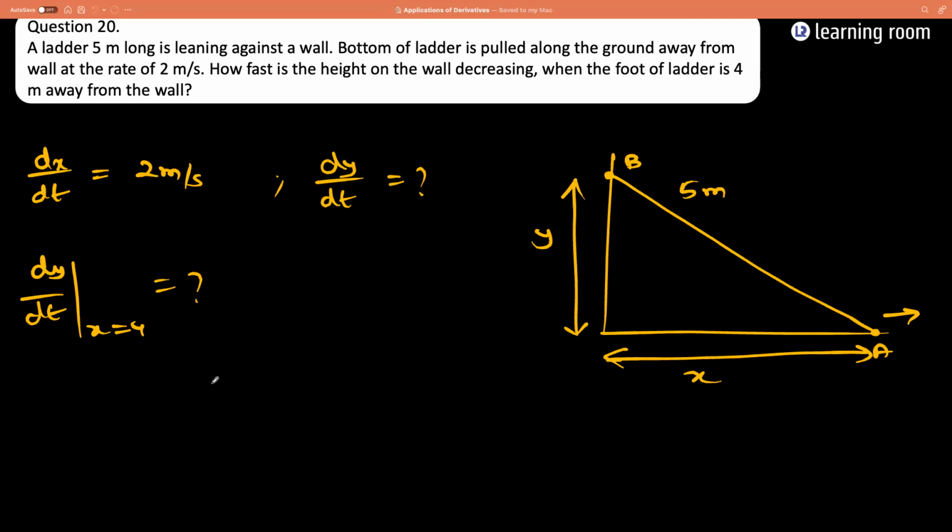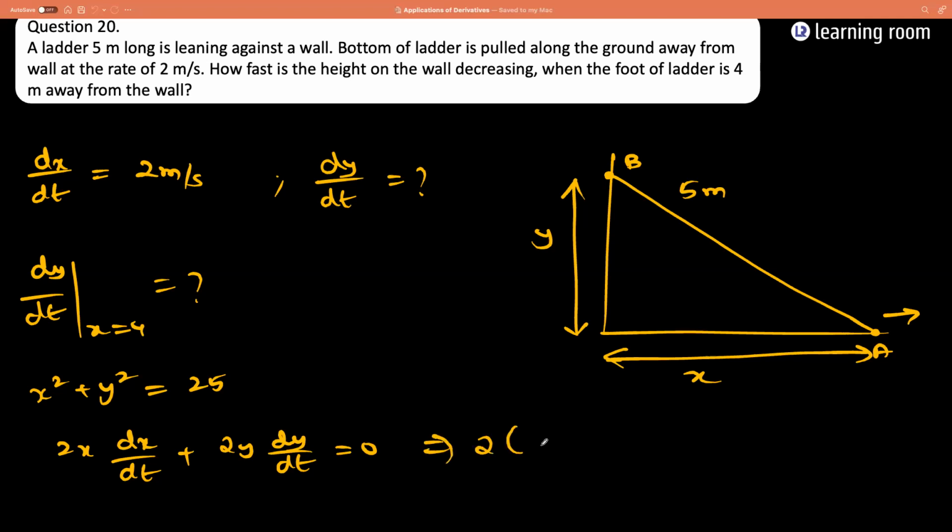x square plus y square is equal to 25. Differentiate. 2x into dx by dt plus 2y into dy by dt is equal to 0. Which implies 2 into the value of x is 4, so 8, plus 2 into, what is the value of y?